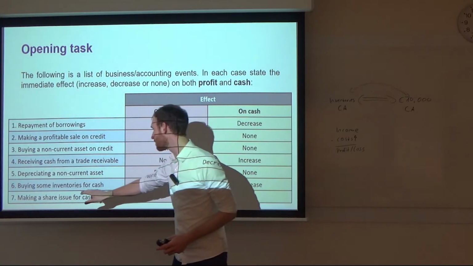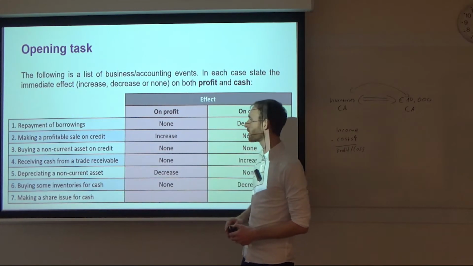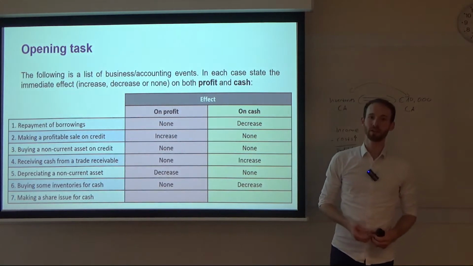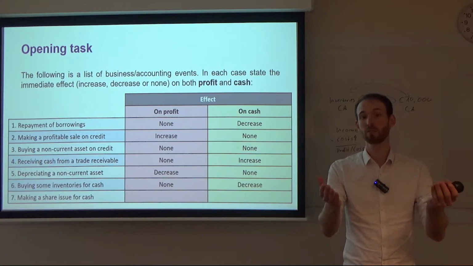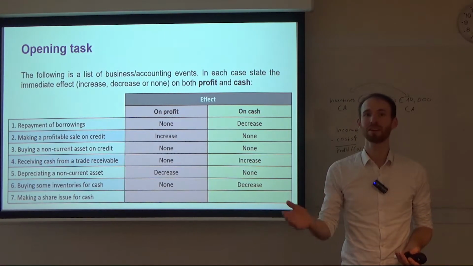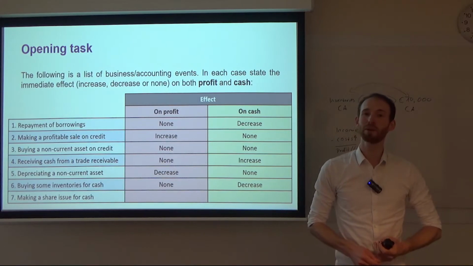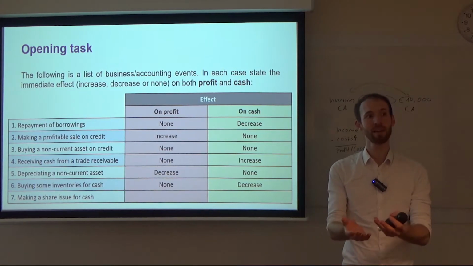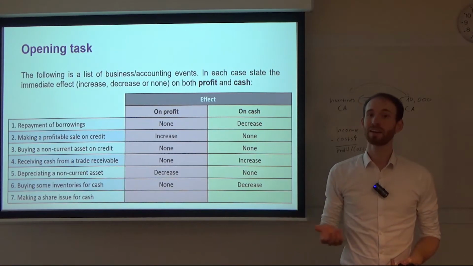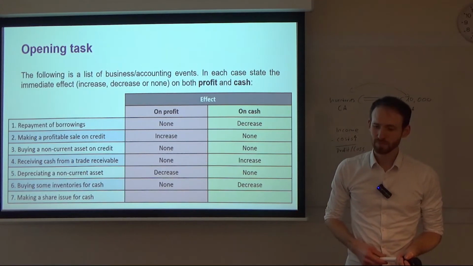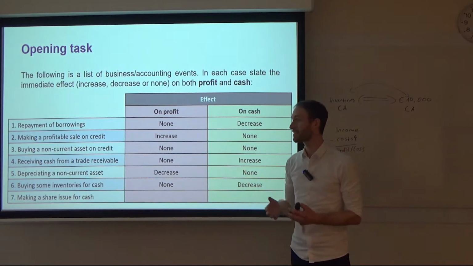And then finally, making a share issue for cash. We didn't really dive into that topic yet, but a share issue basically means that, let's say we have created a company, the Fontys Manufacturing Incorporated, and we now say we need more money. So either we go to the bank and ask for a bank loan, or we could also ask the public.